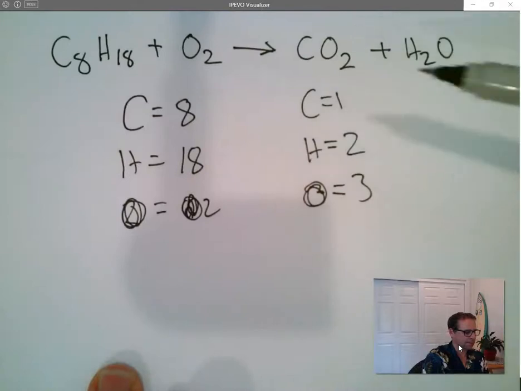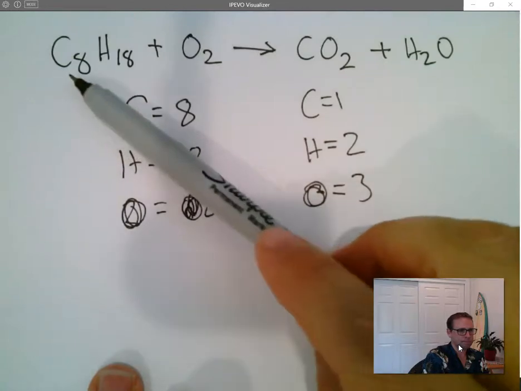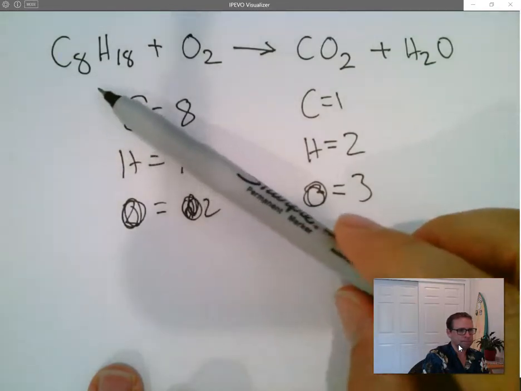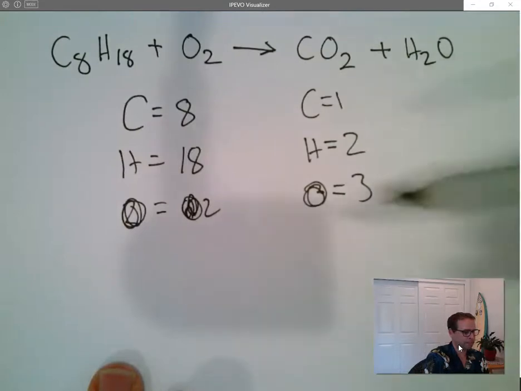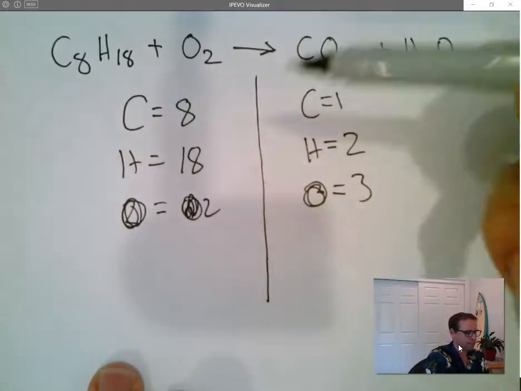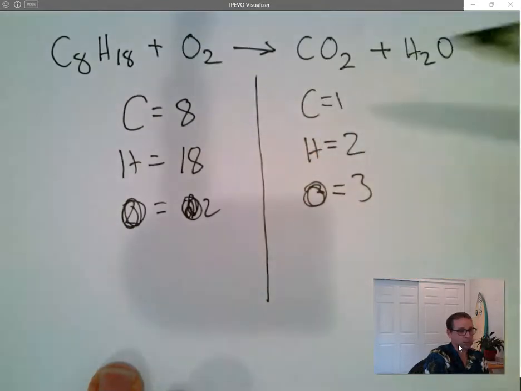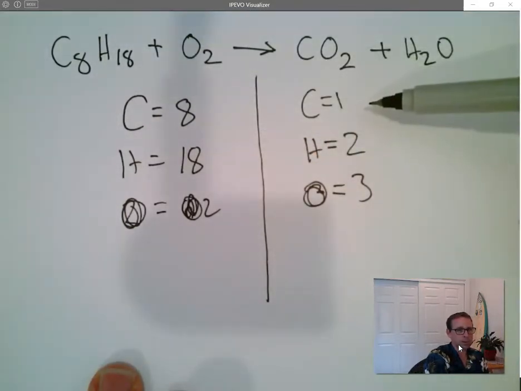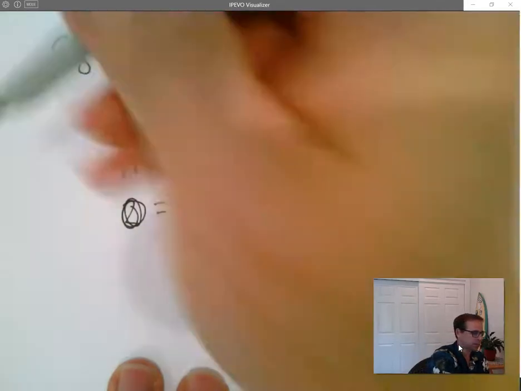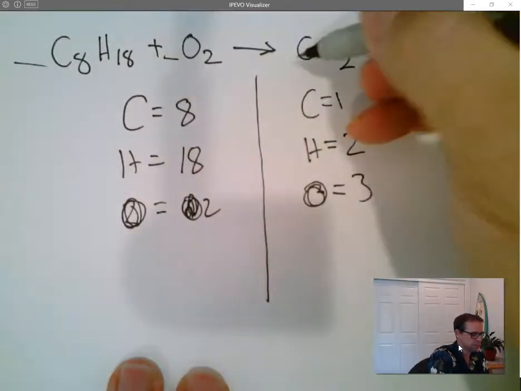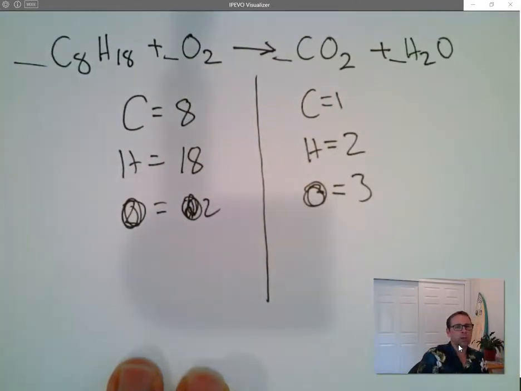If we write a coefficient in front of the C, it's because that's already combined. It covers everything, right? It would make that C into a 16 and make the hydrogen 36. That's right. Those are the locations that we have to manipulate when we want to balance an equation.